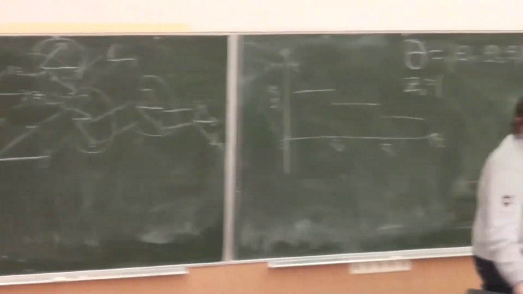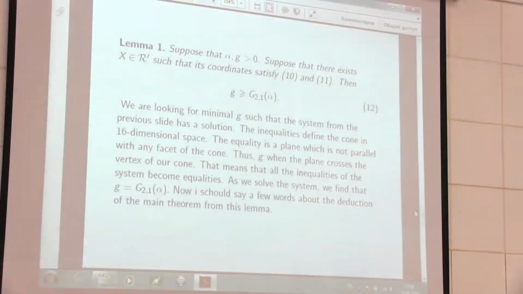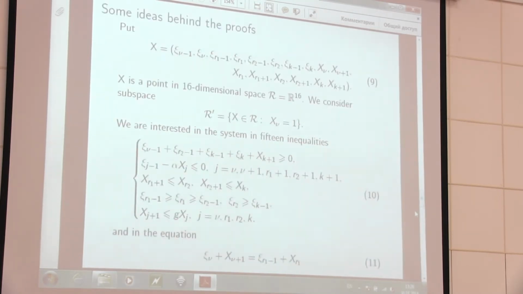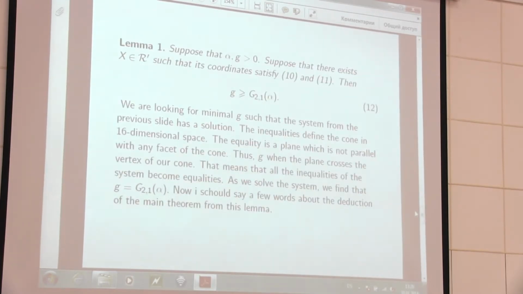And what is the lemma? The lemma says that if we consider alpha and g greater than 0, this system depends on alpha from the second line and g from the last line. And if the solution exists, then g is greater than g sub 1 of alpha.